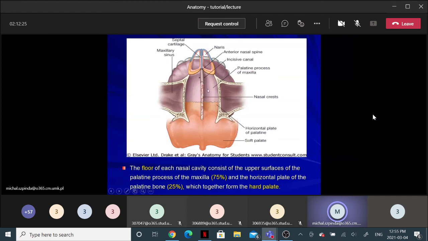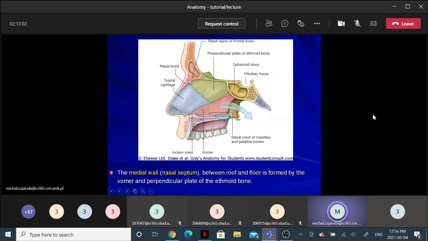The inferior wall corresponds to the superior aspect of the hard palate. That's composed in front by the palatine process of maxilla. 75% of its anterior part is composed of the palatine process of maxilla, and its posterior 1/4 refers to the horizontal process of palatine bone.